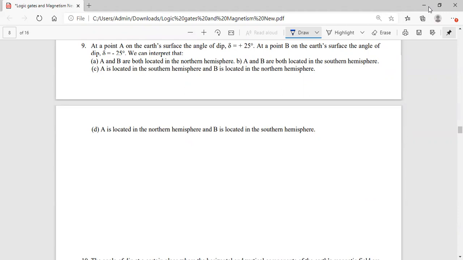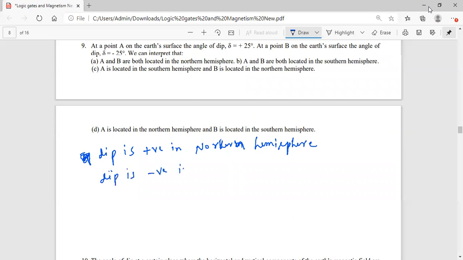We can interpret that dip is positive in the northern hemisphere and dip is negative in the southern hemisphere.